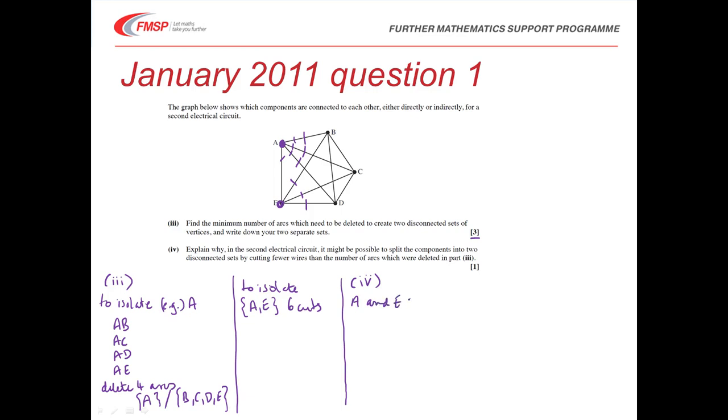A and E were isolated from B, C and D in part 1 by 2 open switches.